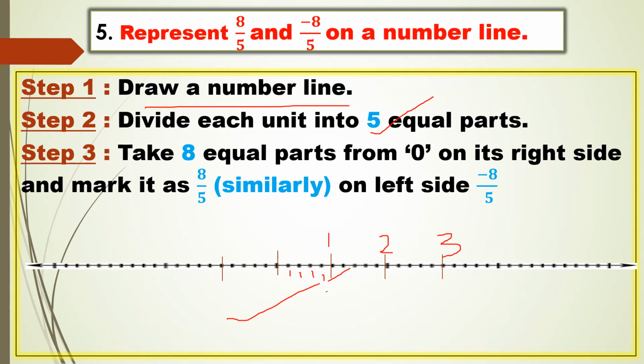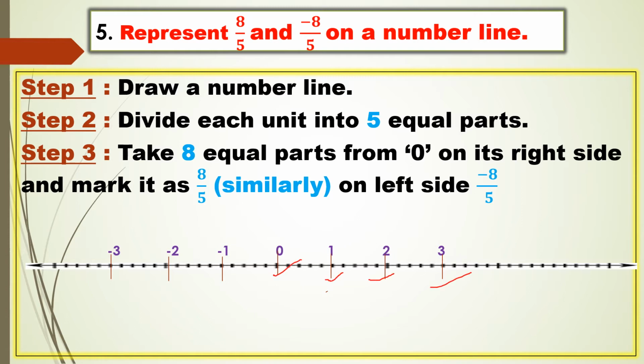On the negative side also it will be minus 1, minus 2, minus 3 like this. What do these 5 parts mean? 1, 2, 3, 4, and the fifth part will be your 1. As we have seen in the earlier examples, whatever the denominator is, that part will be your 1. Now the second step is also finished.